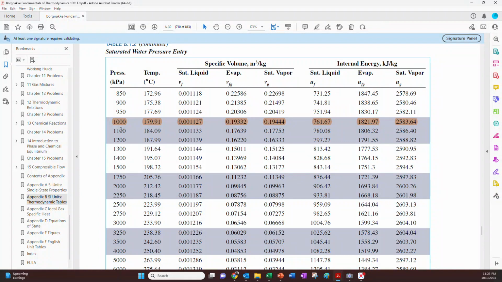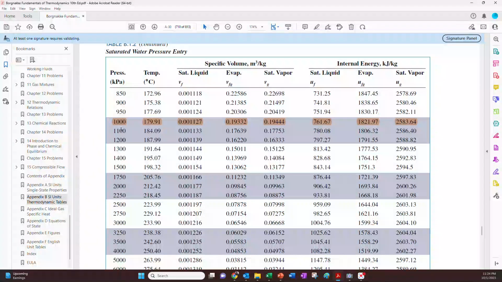So I'm going to write down this information. Here at P is equal to 1,000 kilopascals, T sat. Sometimes we're going to need it, sometimes we might not, but it's good information to write down.